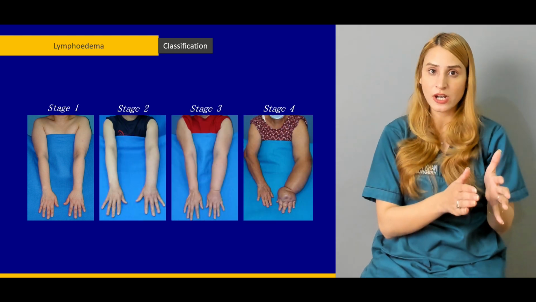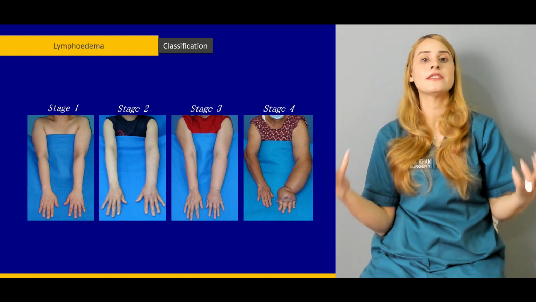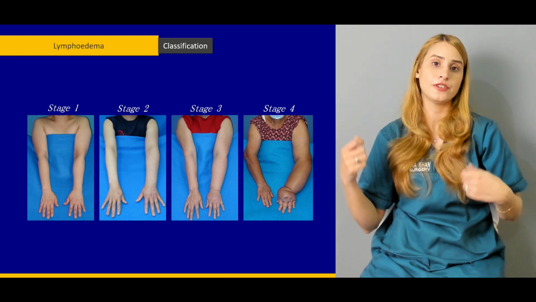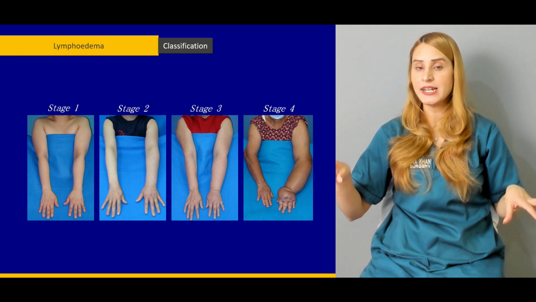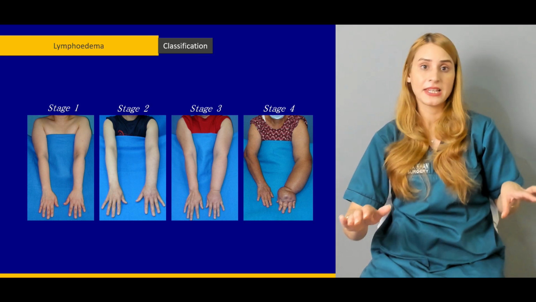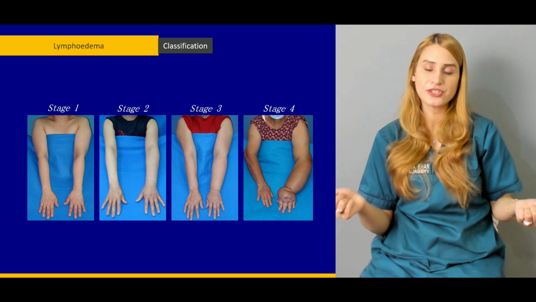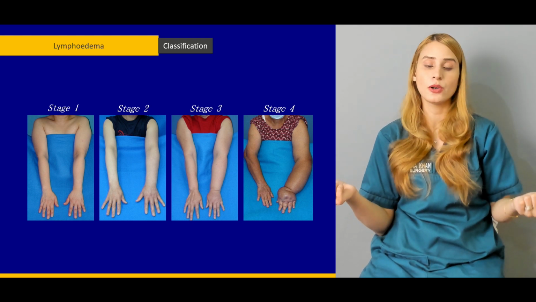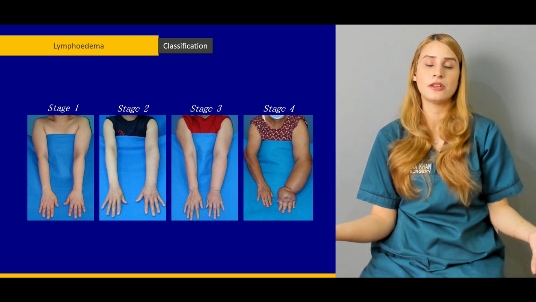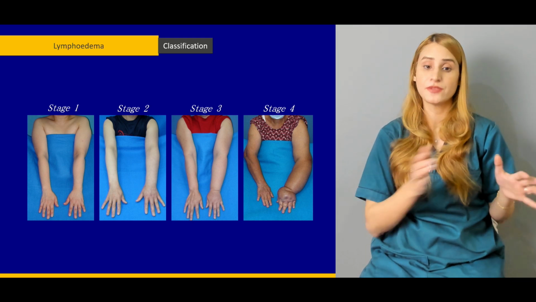In stage 1, there's no clinical evidence of lymphedema. If you could do a Doppler scanning and look at the lymphatic channels, there would be dilatation and an increase of the interstitial fluid. But clinically, there would be no swelling and no lymphedema. So this is stage 1.